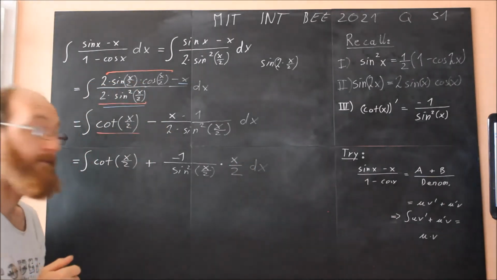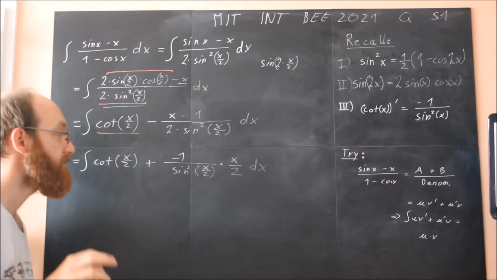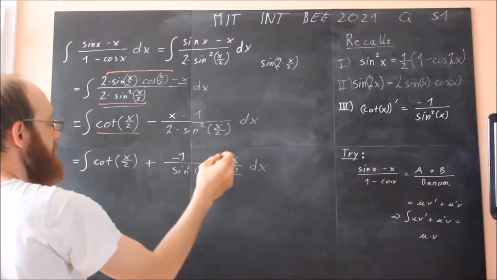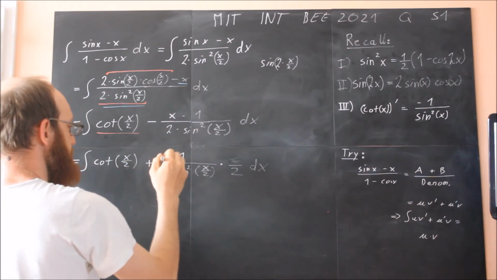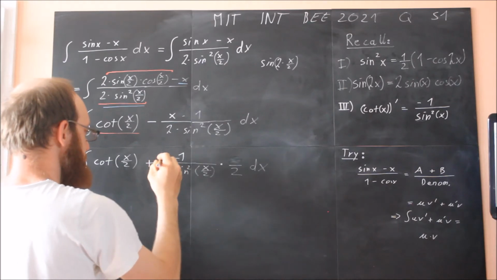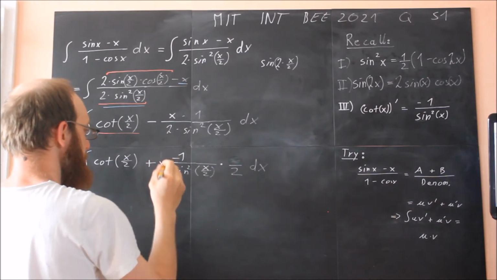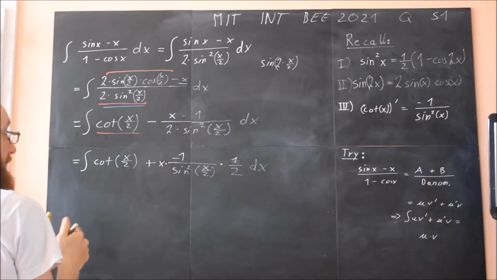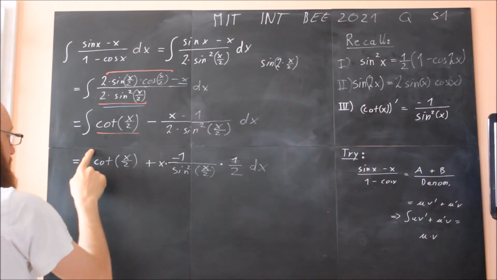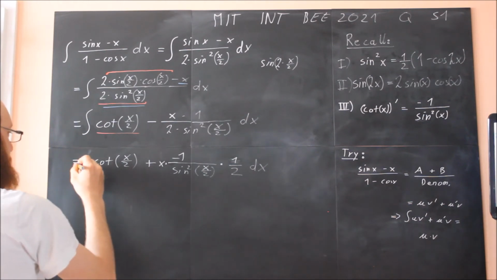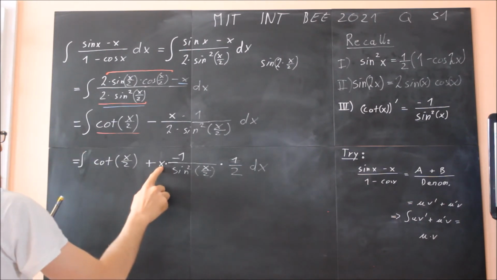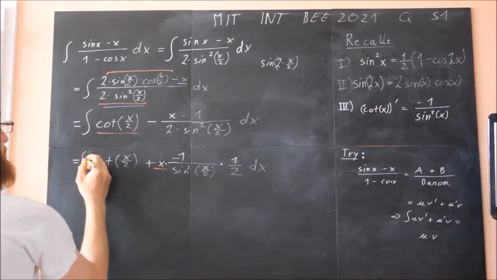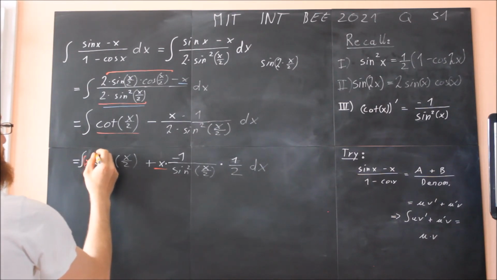Very nice. And now if we open our eyes, we write it in that way: x times minus 1 over sine squared, times 1/2. Here the x has an invisible 1, which I write as x prime.